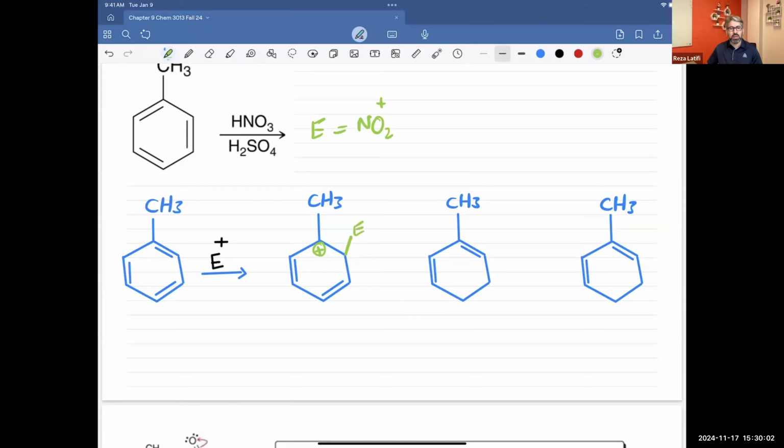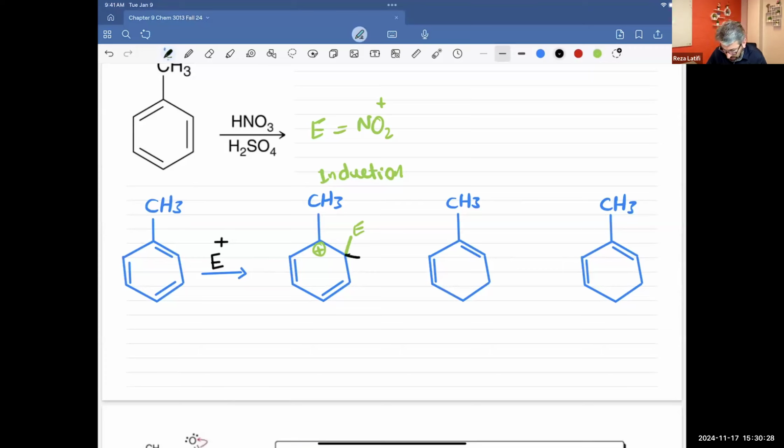Because the methyl or alkyl group can only help to reduce the positive charge through the induction effect. That means they need to be close to the positive charge. The further the positive charge is from the alkyl group, the harder it will be to stabilize it, or to distribute that positive charge.